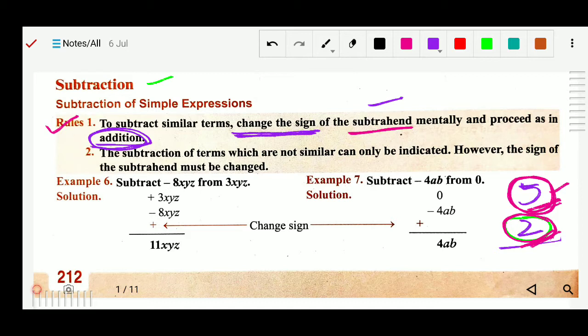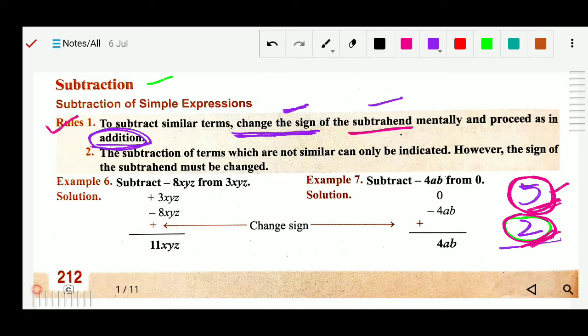When we subtract algebraic expressions, only a little adjustment is needed, and the same addition method we follow here. So what is that adjustment? What is the only extra thing we have to do? We have to change the sign of the subtrahend only.